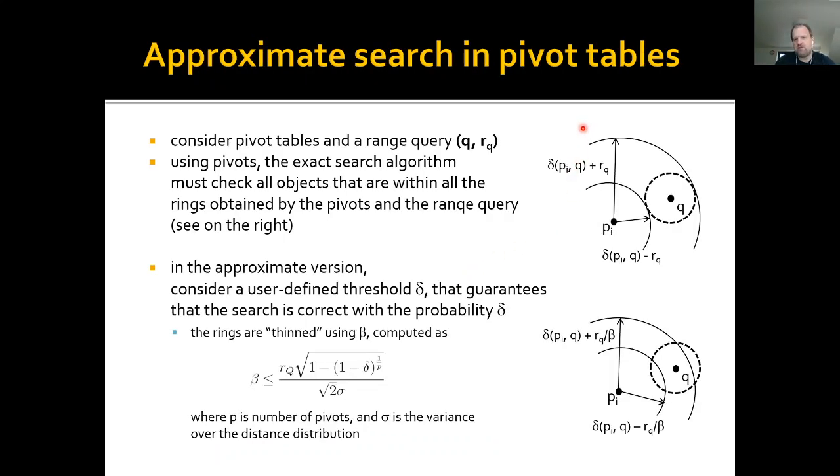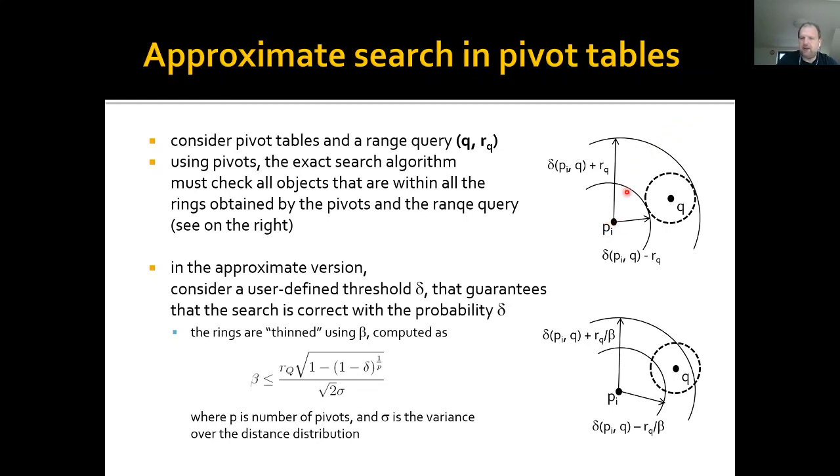We already saw in pivot tables the naive technique where we just omit the second step, but we can also design another technique that is probabilistic. This is another view on pivot tables based on just a single pivot. If we have a pivot P and we are in the metric space view, then what we need to process in the database is everything that falls into this ring, because we have a query and data, and data are mapped to the pivot.